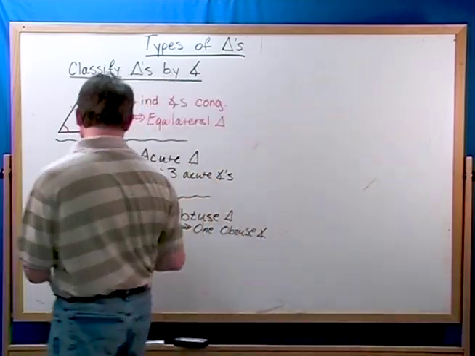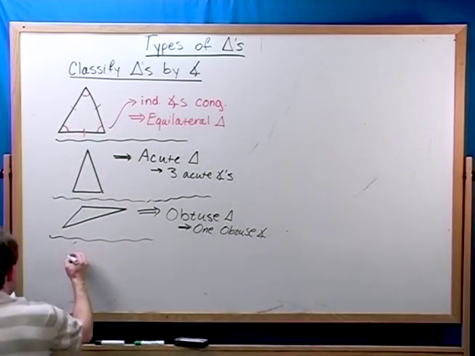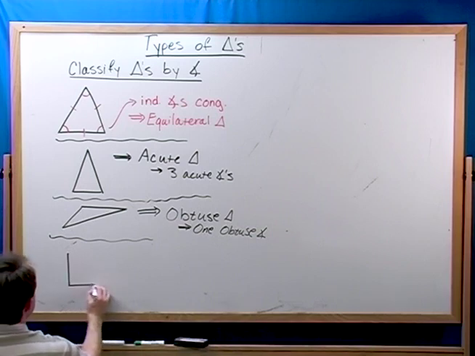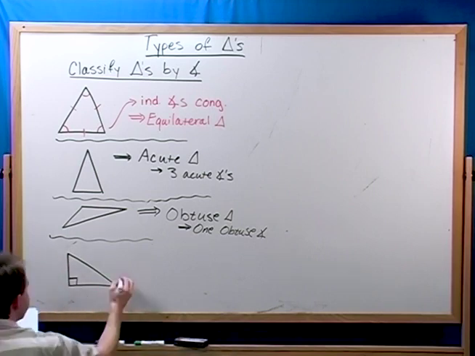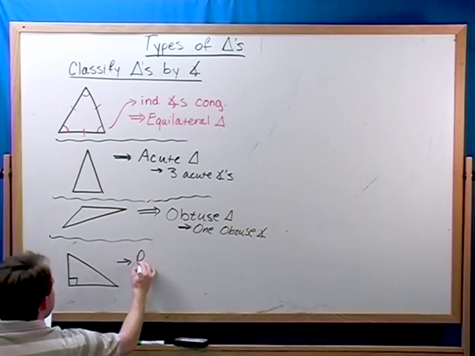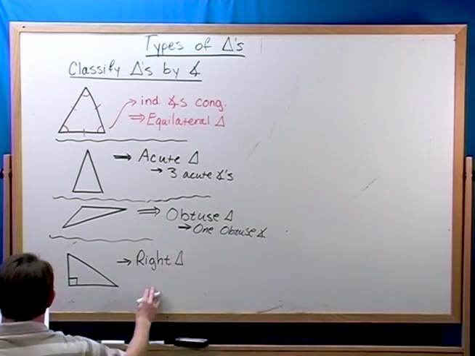Okay? And the final one that I want to show you is actually very, very important. This is actually the one you see almost all the time. Here's a triangle, and you've got a right angle here, which means this angle right here is 90 degrees, and this means you have a right triangle. Okay?